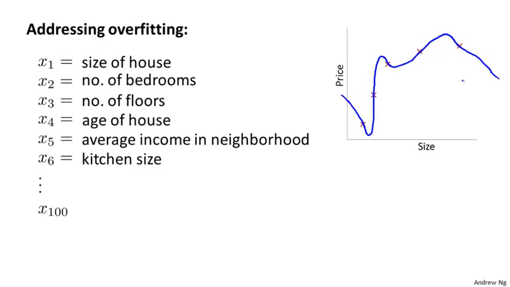So concretely, if we're trying to predict housing prices, sometimes we can just have a lot of different features, and all of these features seem maybe kind of useful. But if we have a lot of features and very little training data, then overfitting can become a problem.